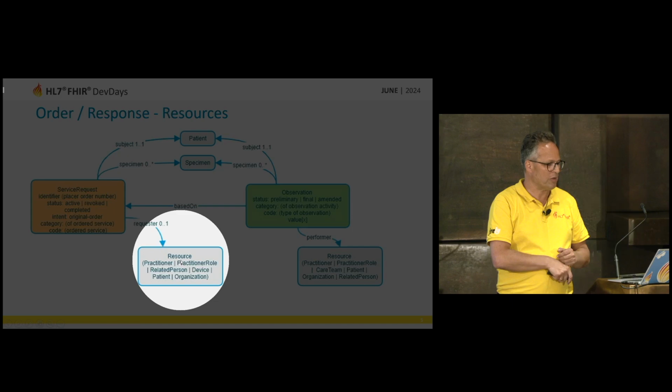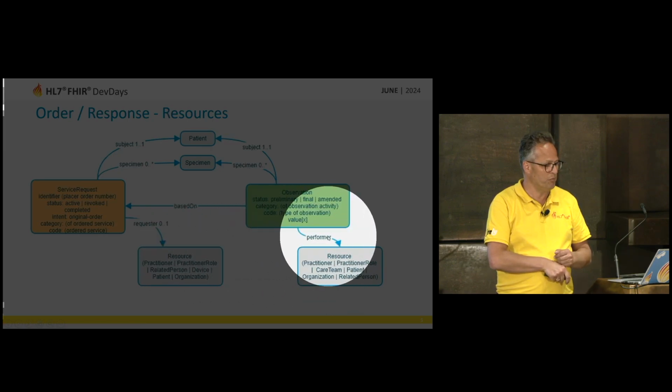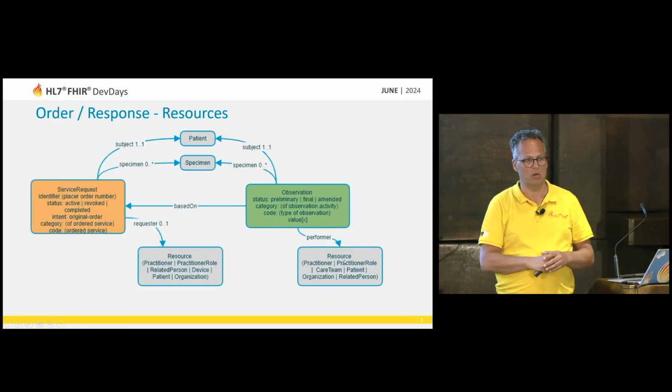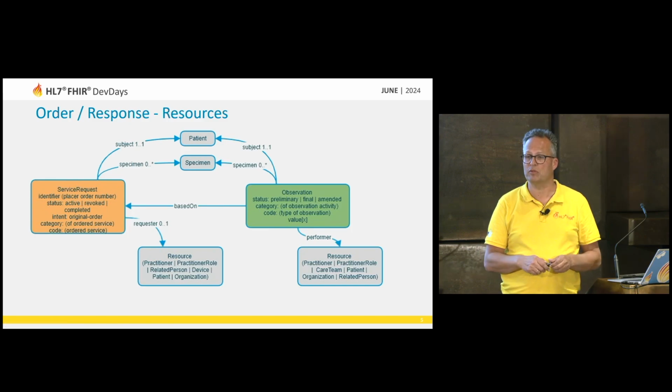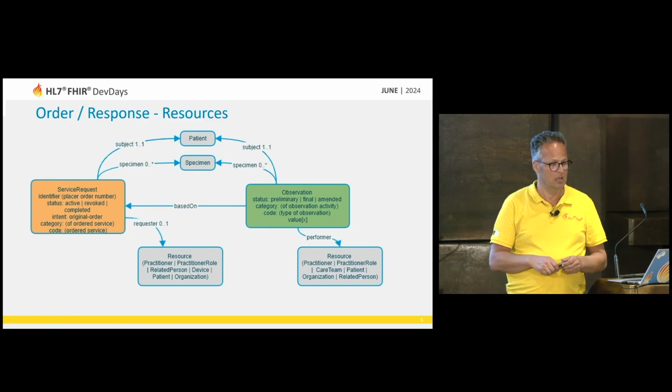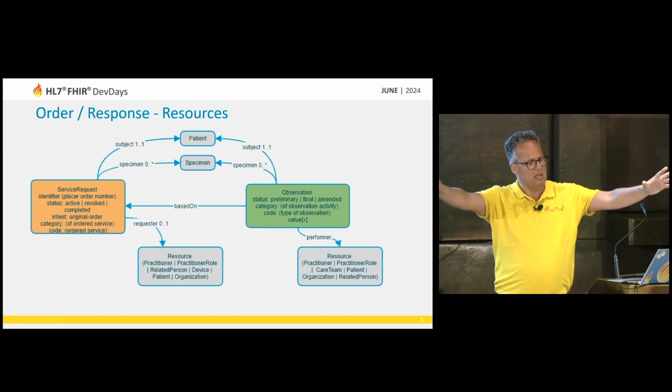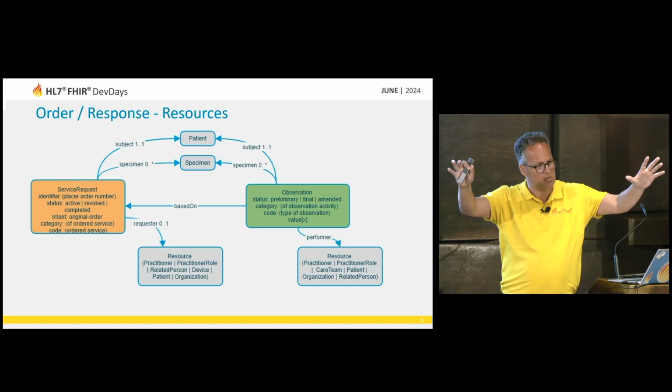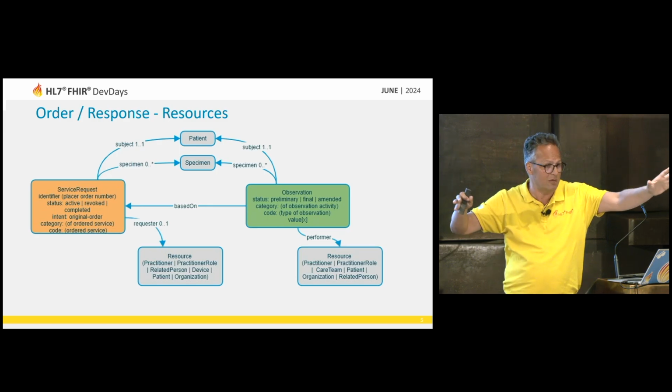So that's the ordering party, which could be mostly a practitioner, but could be the patient themselves, for example. And the observation is performed also by some party. So we have another reference to a FHIR resource. So these are the two key FHIR resources if we're trying to support this request event pattern.